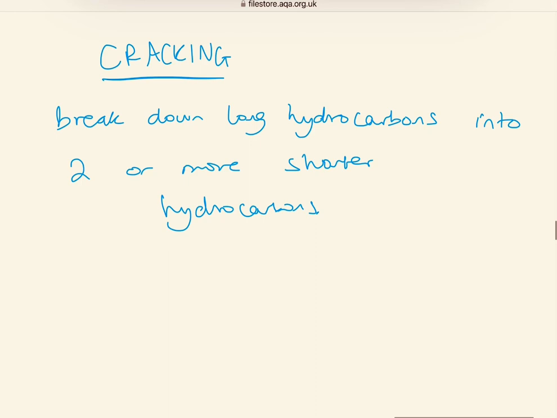For example, if we have C10H22, that could be broken down into C4H10 plus C6H12.